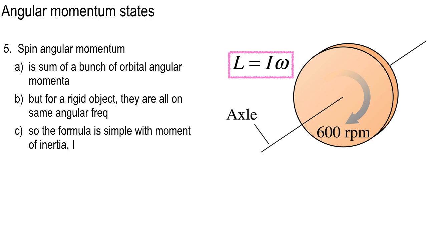Omega in this diagram is 600 RPM, which you could convert to 10 RPS, 10 revolutions per second, or just 10 per second. So now, the moment of inertia is the quantity called I, and we're going to try to figure that out.